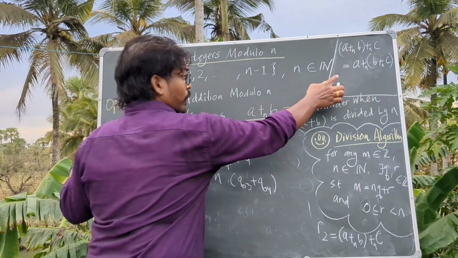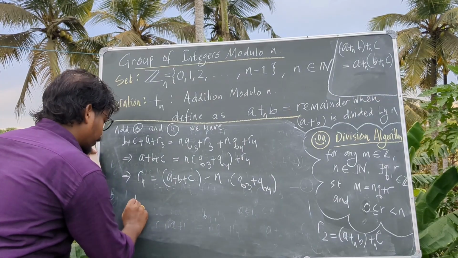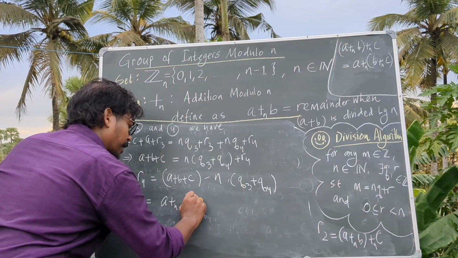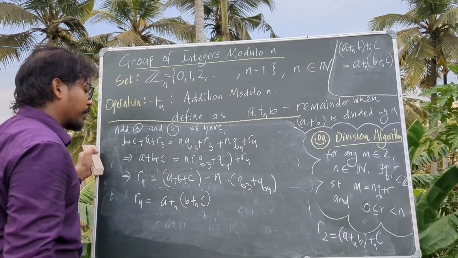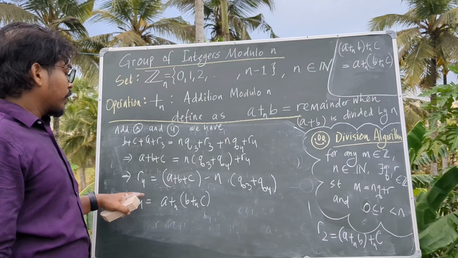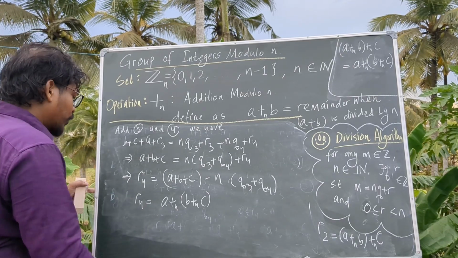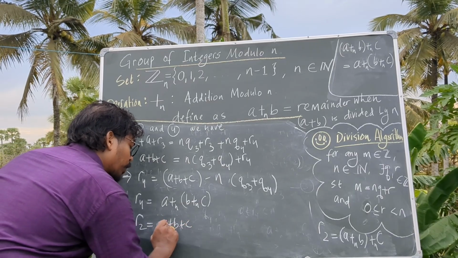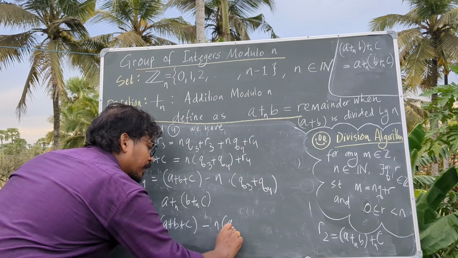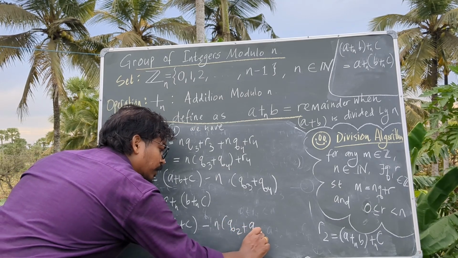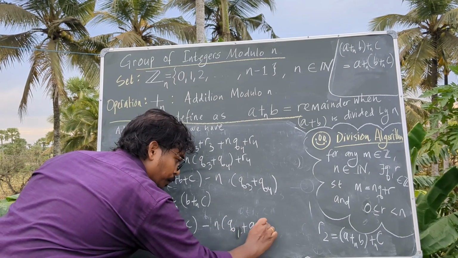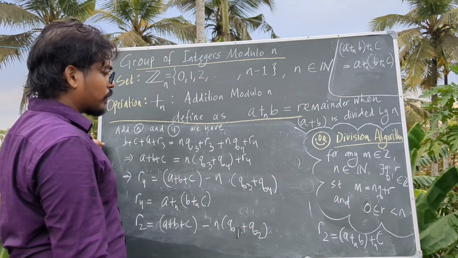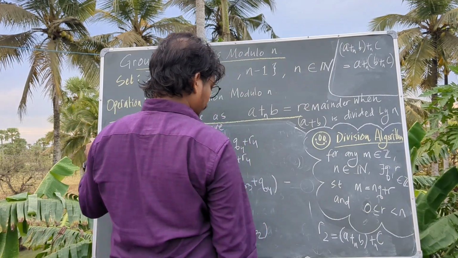Now R4 is this one. We have R4 equals the right hand side, and previously we had R2 equals A plus B plus C minus N times Q1 plus Q2, and by these two equations, let us name them.